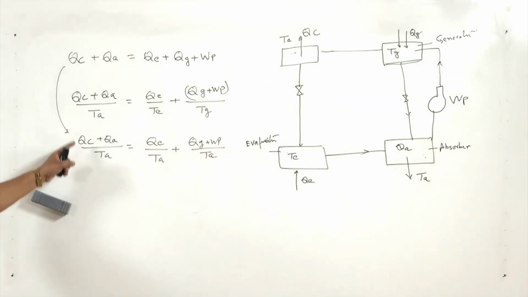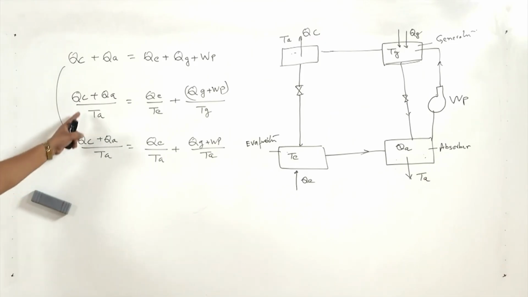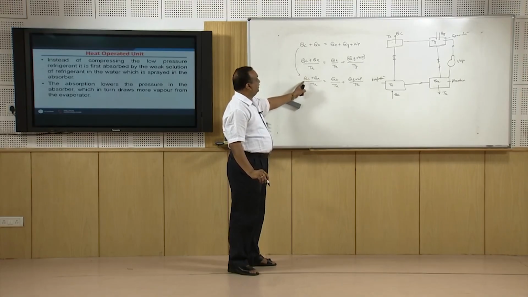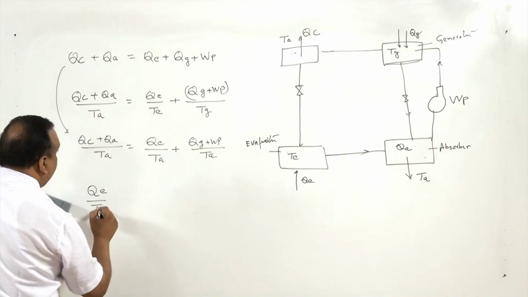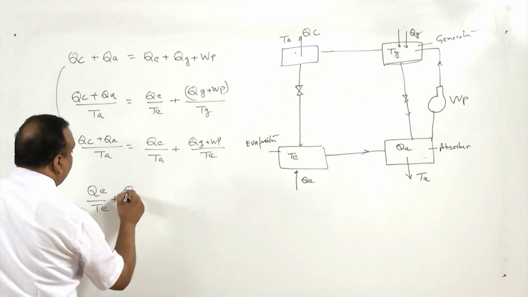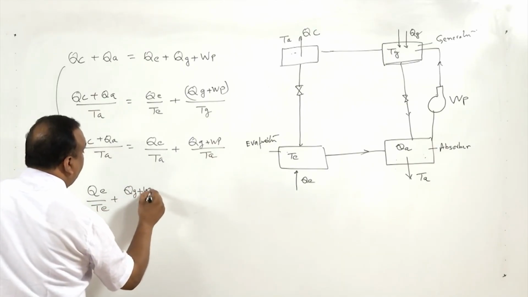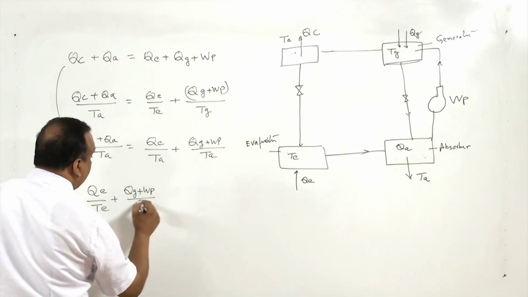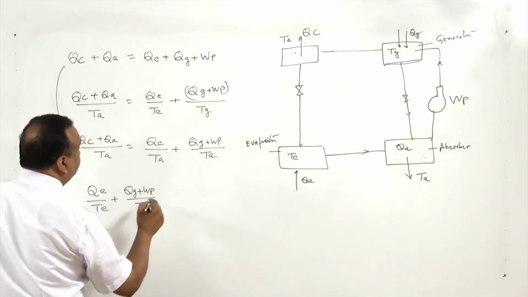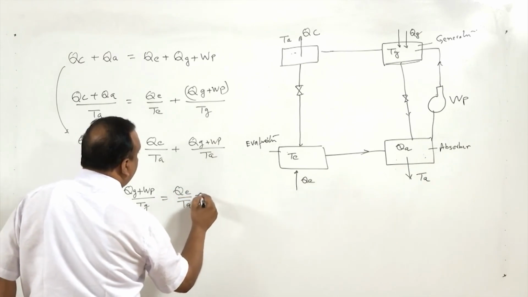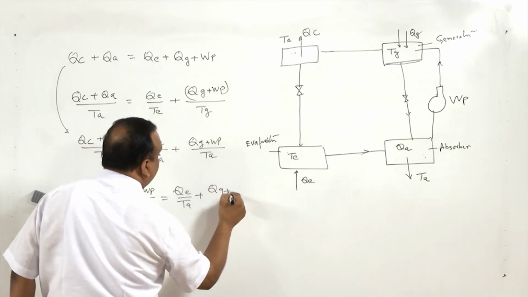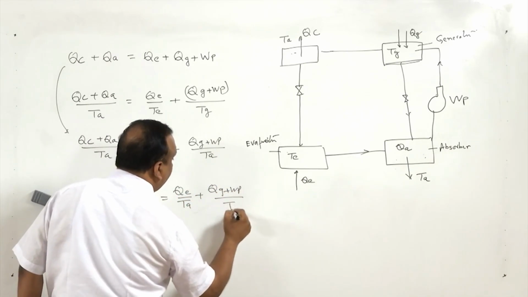Now we have two equations. In these two equations, this term is common, so we can always write QE by TE plus (QG plus WP), this is work of the pump, divided by TG is equal to QE by TA plus (QG plus WP) by TA.